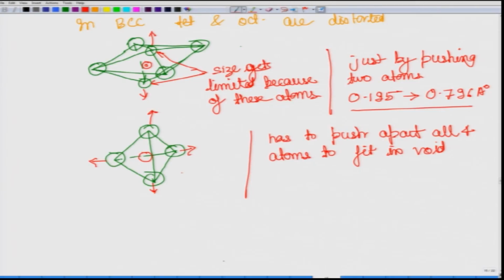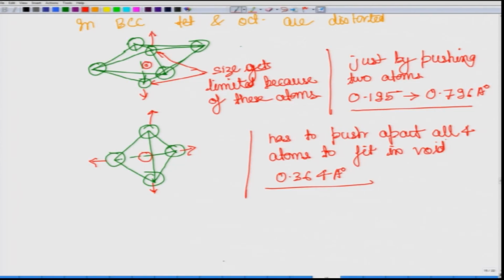You remember, its original size is 0.364 angstroms. Even 0.364 angstrom is very small, it is less than half of what is actually needed. So this is still very small, and the atoms have to push the corner atoms apart, and here it has to push 4 atoms apart.